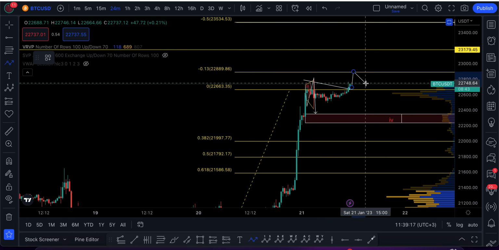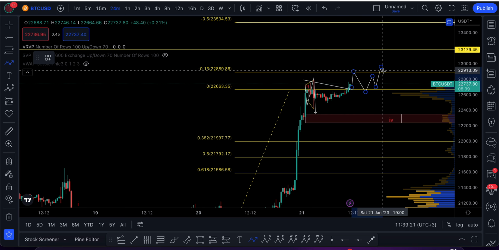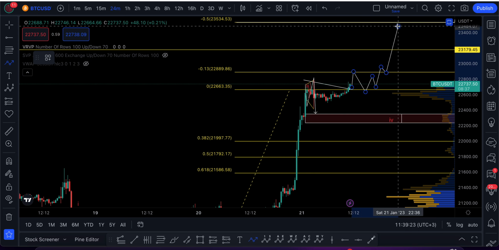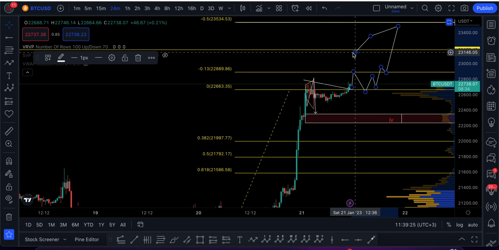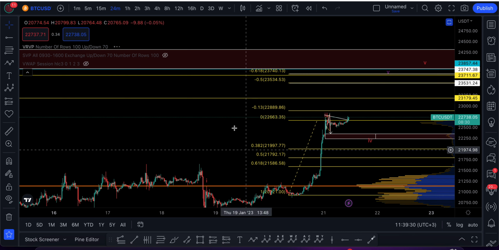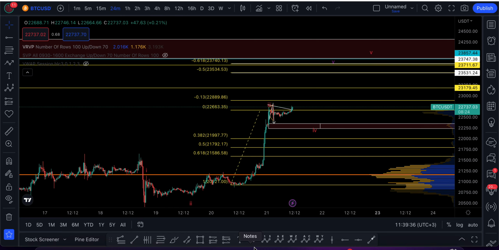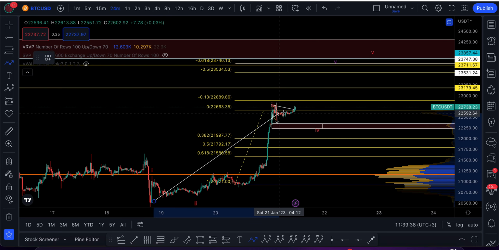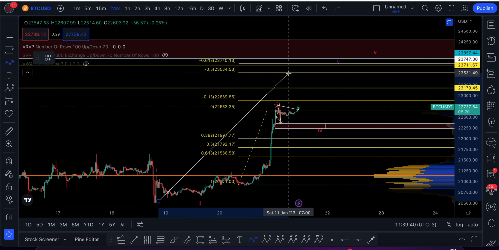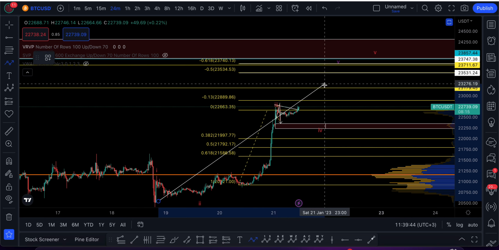We might come down, maybe play in this range, but eventually we might break it, and we will target those white targets that I had. So if you're going to look at this, maybe pause the video and try to understand what is going on. Your immediate targets for this leg that we had might end at the white lines, right? It might end at the white lines.